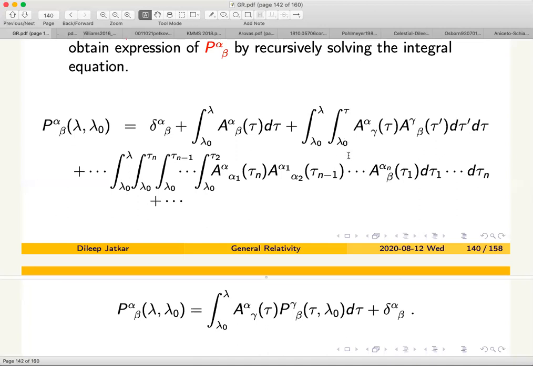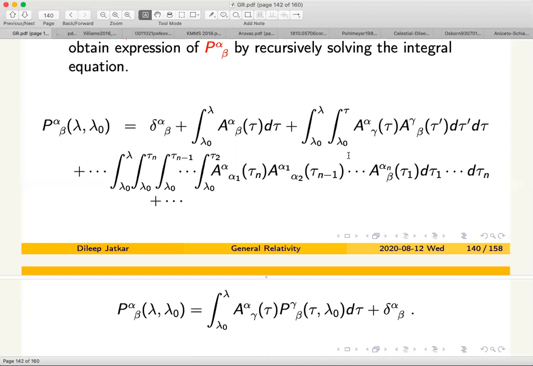So in the tau tau prime space, let's say lambda naught is just 0, just for the argument's sake, you draw a square which starts from the origin, goes up to lambda in one direction, lambda in another direction, and the fourth corner of the square would be the coordinate lambda lambda.